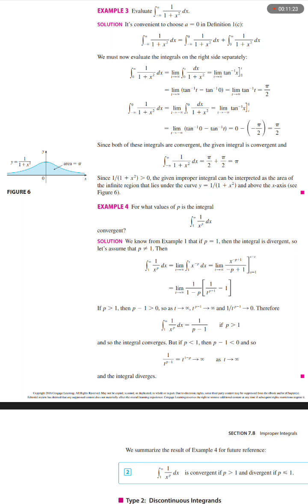Let's see sidebar figure 6. You have y equals 1 over 1 plus x squared, and the area equals pi. Back to the text.